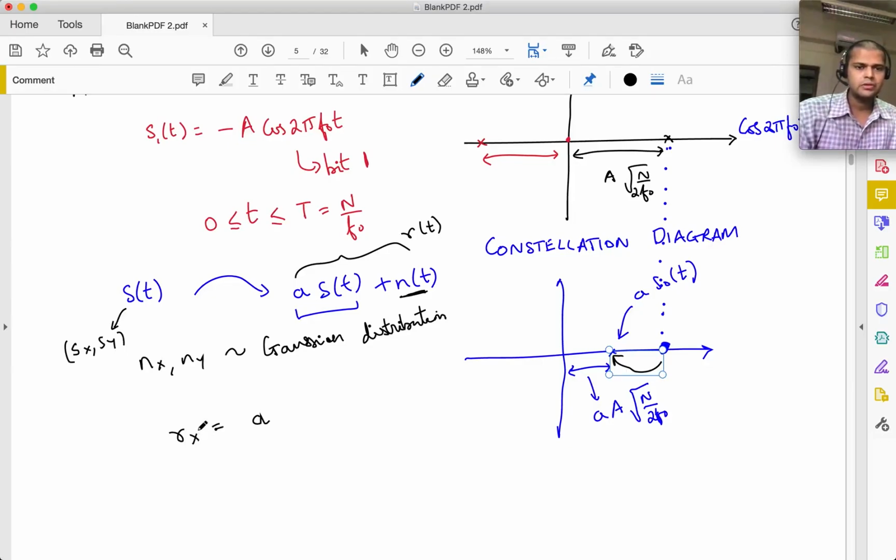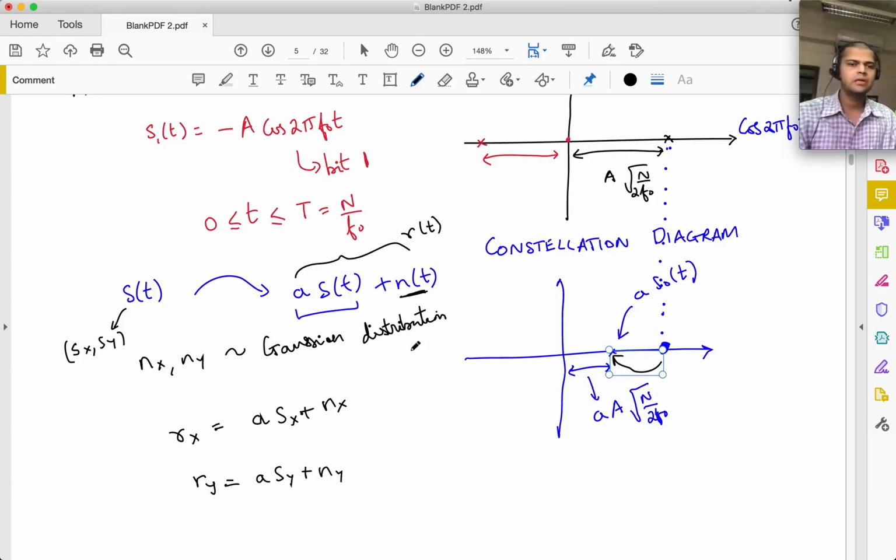So the x component of the received signal is A times Sx plus Nx, and the y component is A Sy plus Ny.